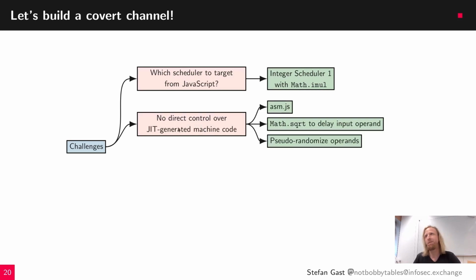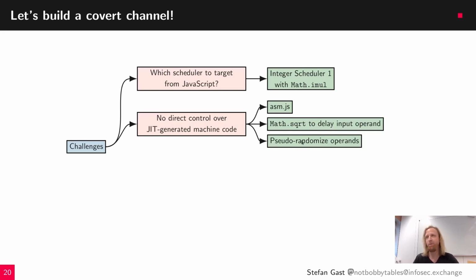The other thing is, well, okay, we don't have direct control over the JIT-generated machine code. We used several techniques to address that. First of all, we used asm.js syntax, which basically gives some hints to the JIT compiler about which data types we are dealing with. For delaying our input parent, we used the Math.sqrt function.